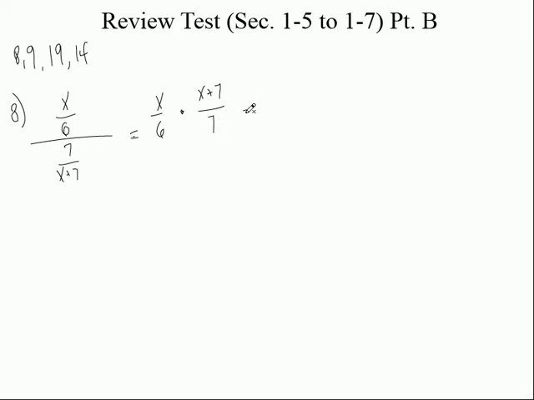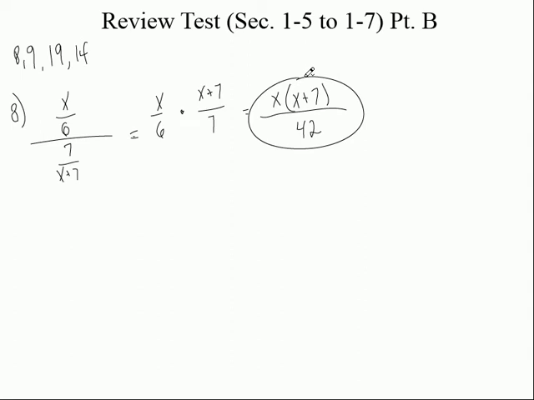And that's basically it. What do you do to the top? You could distribute it if you wanted to, but you don't really have to. You can just keep it like that, because it's x times (x plus 7), and then 6 times 7 is 42. That's your answer right there.